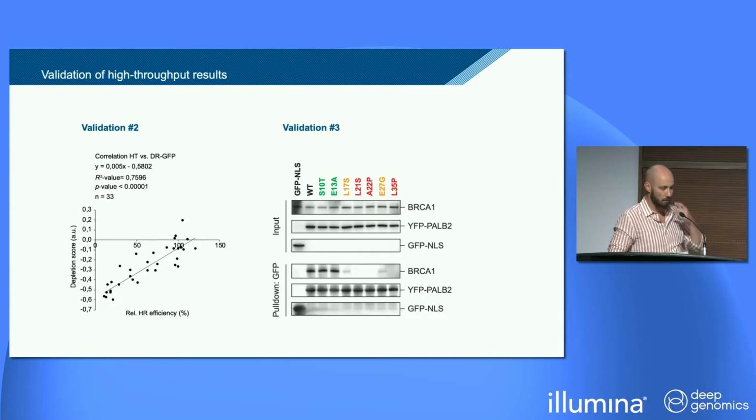Whereas for all of the variants that showed impaired function, we see that the interaction with BRCA1 is also impaired. The yellow ones were intermediate in our high throughput assay, and for those you still see a subtle interaction with BRCA1. This is all really nicely consistent, I would say, and it shows that we can use our mouse embryonic stem cell based system for this type of high throughput assay.